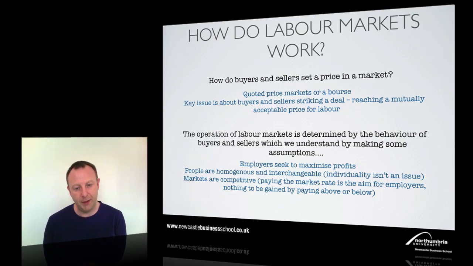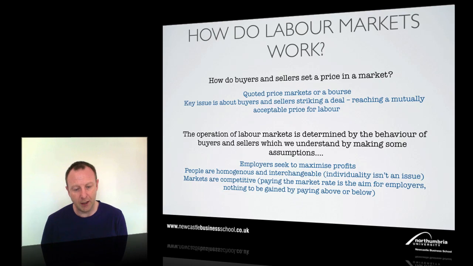We assume that employers will act within labour markets in order to maximise profits, so that we can understand what the motivation of buyers of labour might be. And conversely, that potential employees will seek to maximise their return for their labour, that people are acting in a rationally economic way.